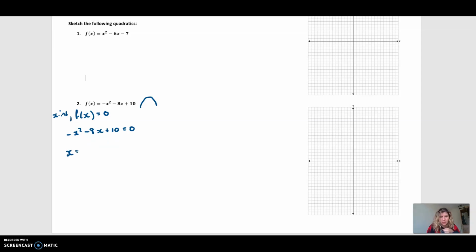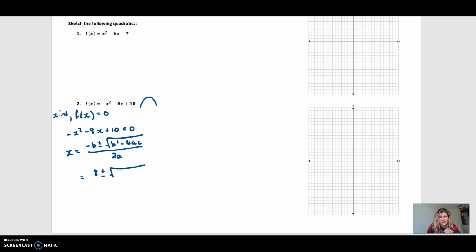So remembering the quadratic formula song, we've got negative b plus or minus the square root of b squared minus 4ac over 2a. If you want to pause it and listen to the quadratic formula song, go ahead. So negative b, negative 8 is positive 8, plus or minus.